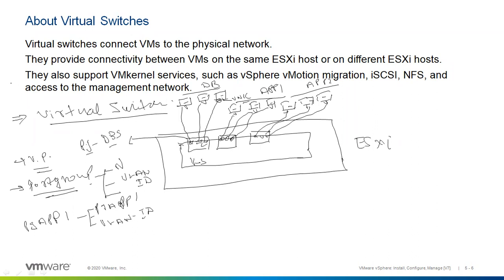So as this slide is describing, virtual switches are not only for supporting the virtual machine traffic, we can also manage the traffic for the VM kernel port. VM kernel ports are used for ESXi on purpose.